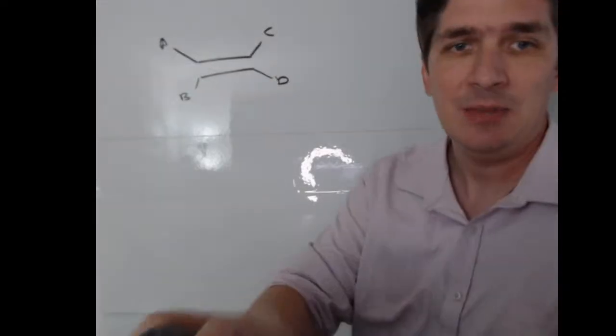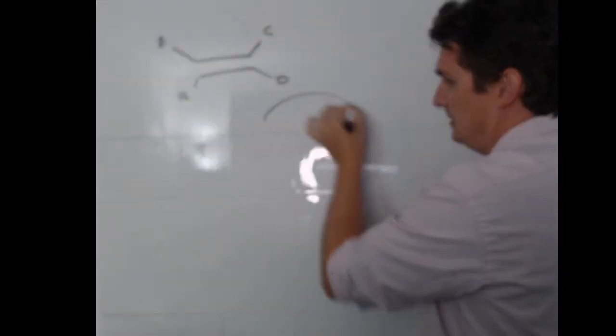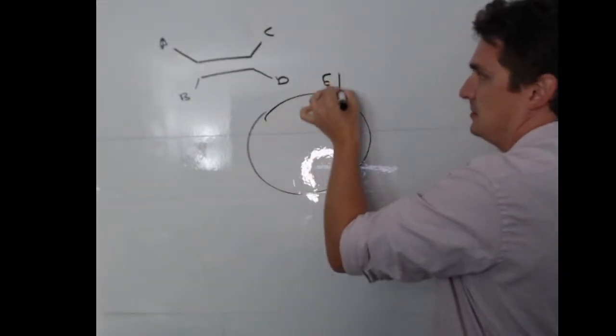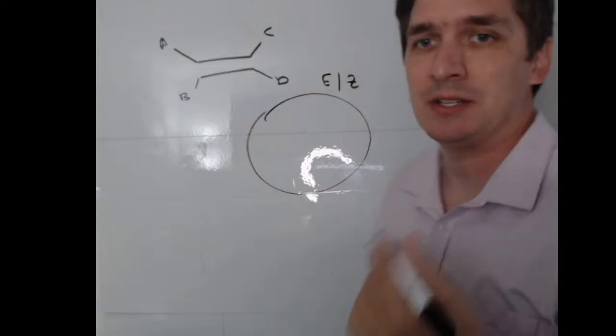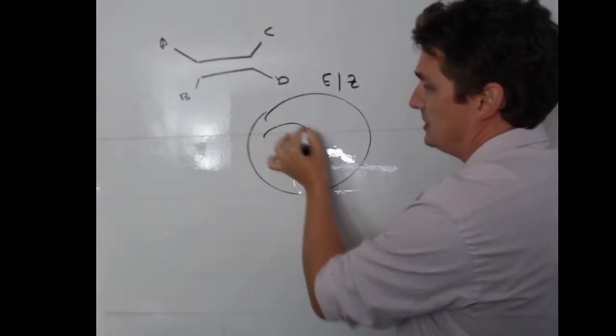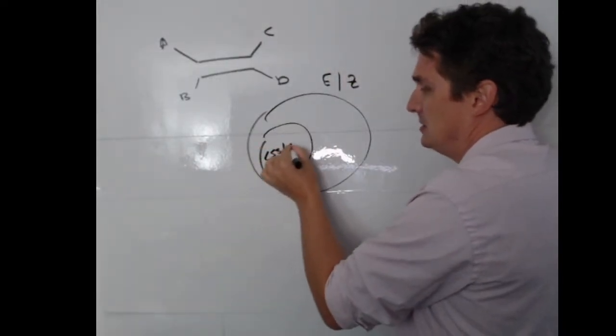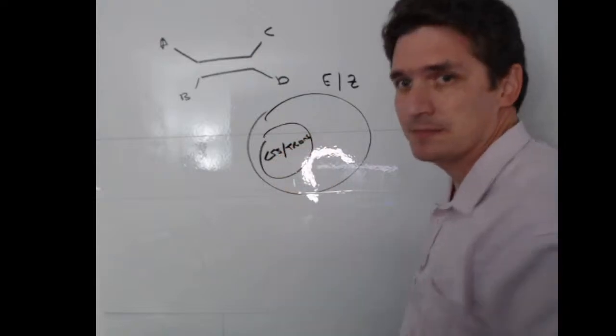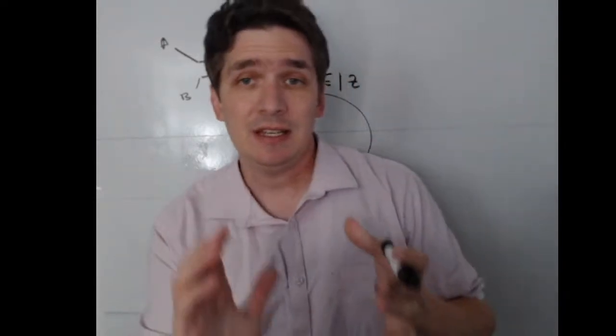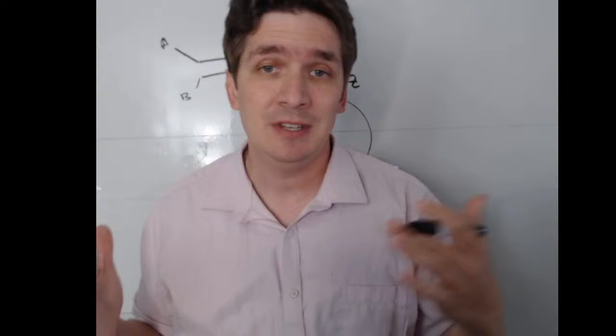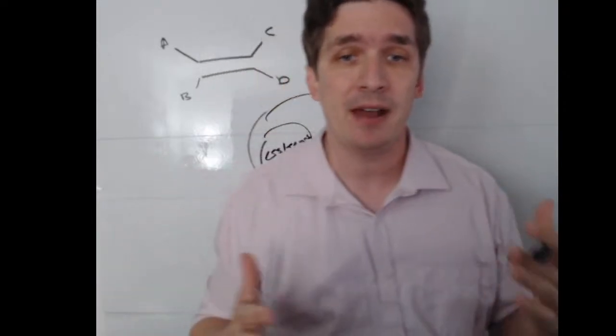Well, in the big scheme of naming alkenes, every alkene that requires this notation can be named by E/Z. But there's a special case within this where cis-trans works. So E/Z is the most universal way of naming alkenes that are not terminal alkenes.